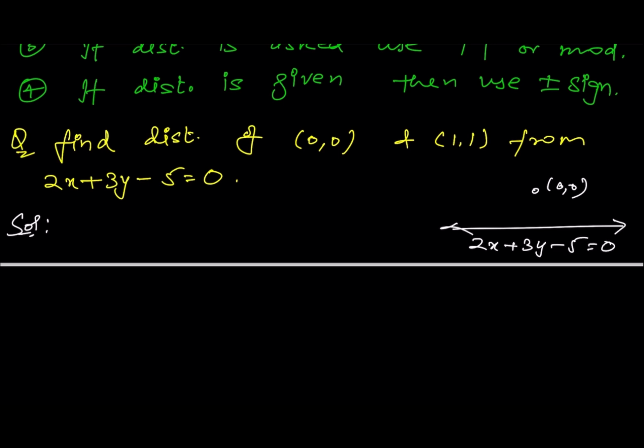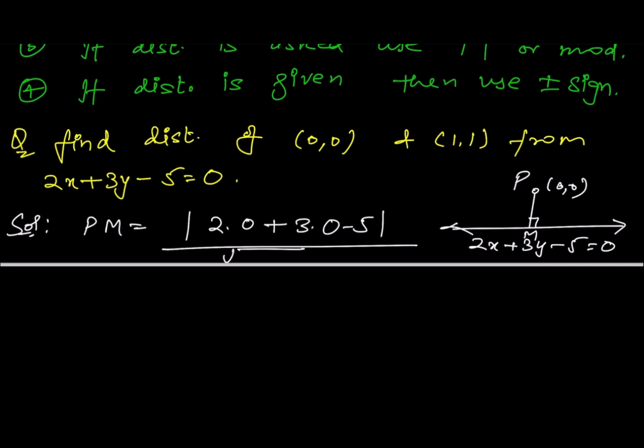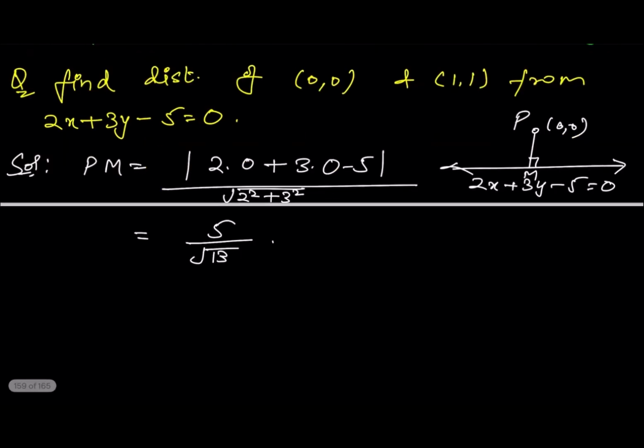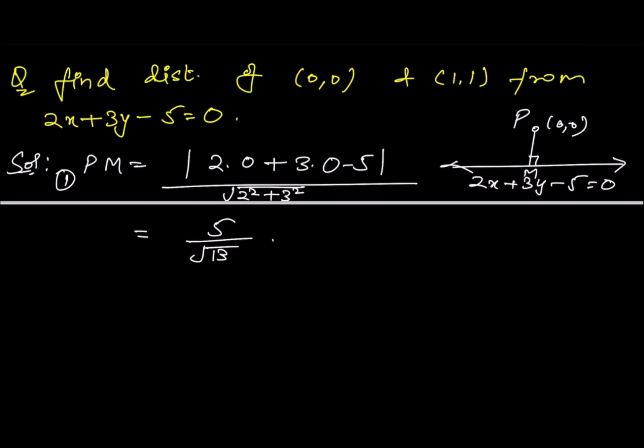We have to find distance of this point from this line. So PM will be mod of 2 into 0 plus 3 into 0 minus 5 upon root over 2 square plus 3 square, means 5 upon root over 13. Okay, this is the distance from 0, 0 to the given line.